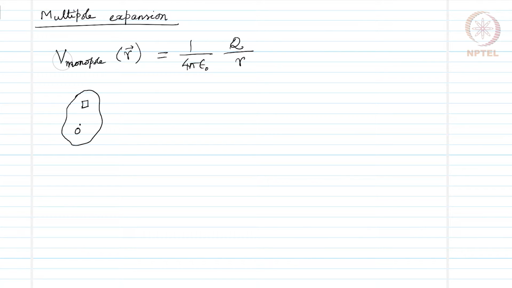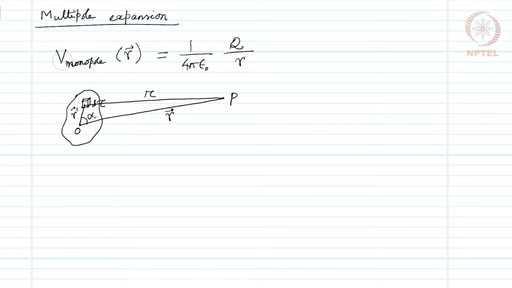Here we have a volume element like this, the volume element is marked d tau, and this distance is r prime vector. Our point of observation is somewhere here P, and its position vector is r. The distance from point P to this volume element is curly r, and this angle is alpha.